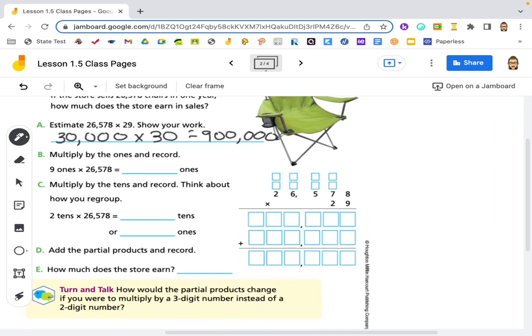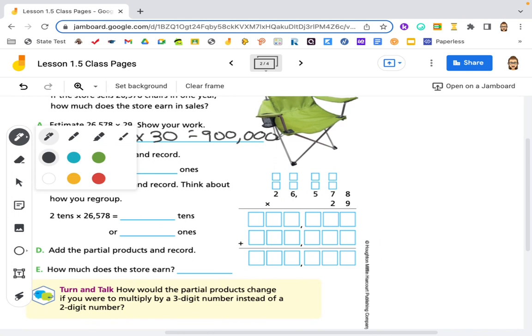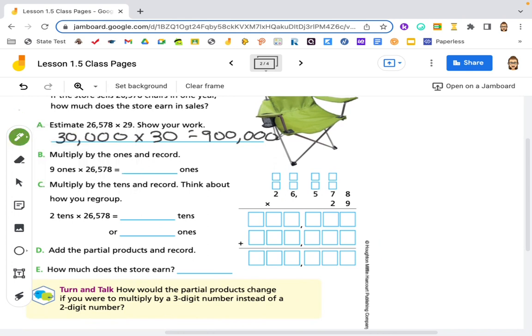So then, again, we're going to start by multiplying my ones.